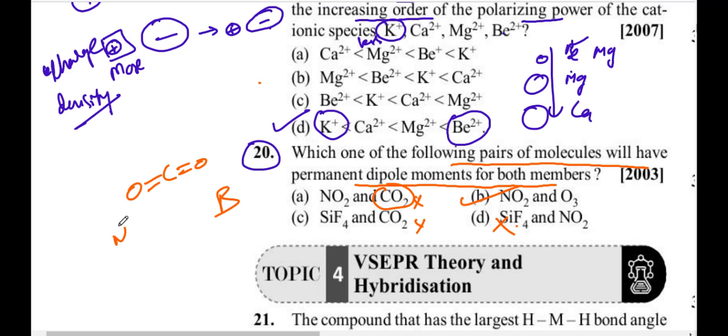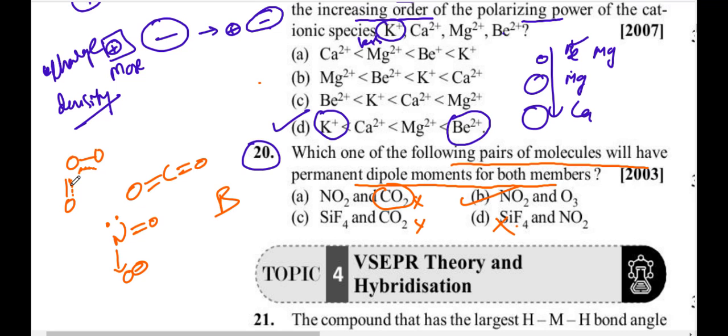Okay, here lone pair is there, N double bond O, O minus. So polarity is there. In O3 also it is like water molecule structure. Half of bond.